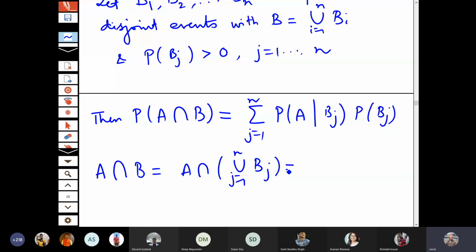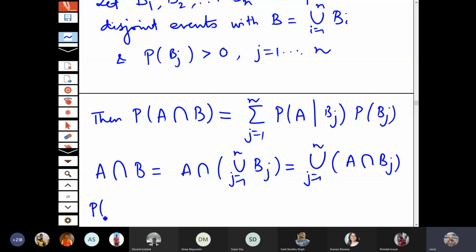On this I can apply the distributive properties of the union and intersection. Now if B1, B2, Bn are pairwise disjoint, then A intersection B1, A intersection B2, etc. will also be pairwise disjoint.